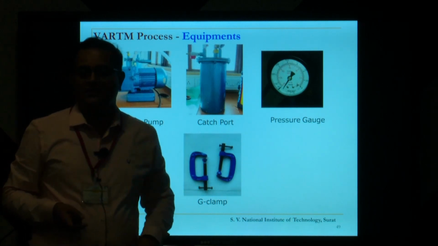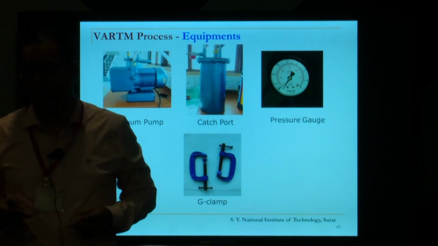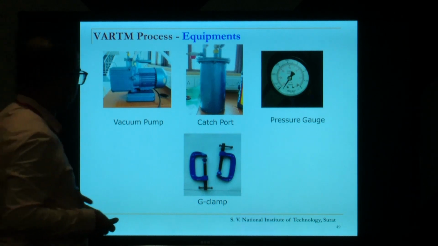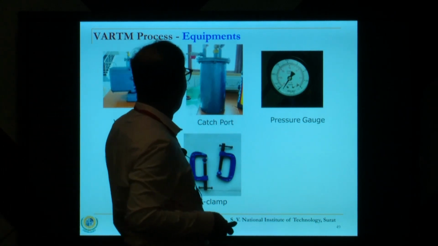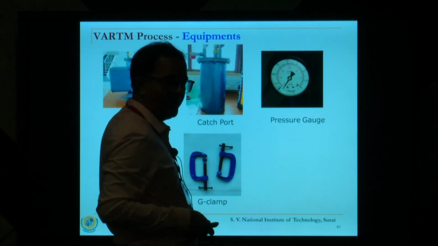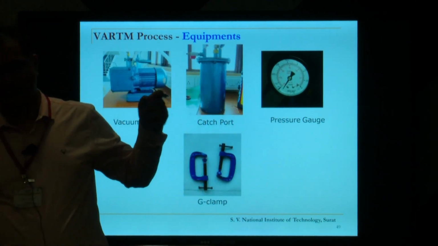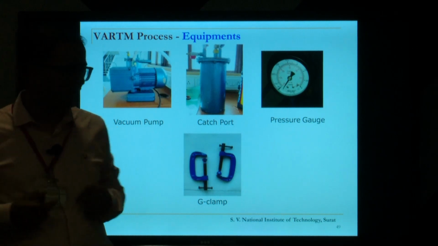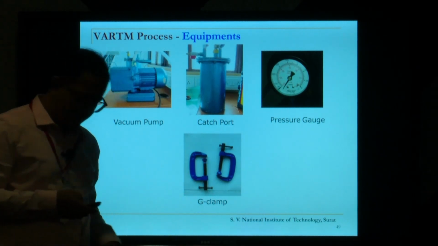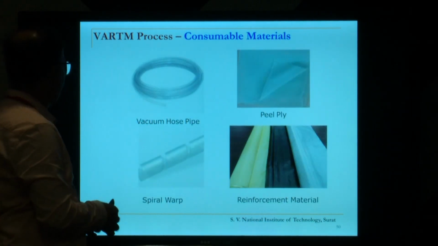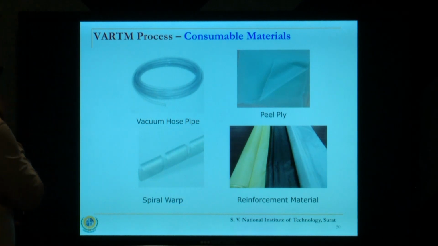And in this case, the limitation is you need 2 people now, because one has to take care of this and one has to take care of the time and this part. So, unfortunately, we have only 2 hands, so we may not be able to do it, but you need 2 people for that. So, we will see how this is a crucial element of it. Then various consumable materials, these are known.